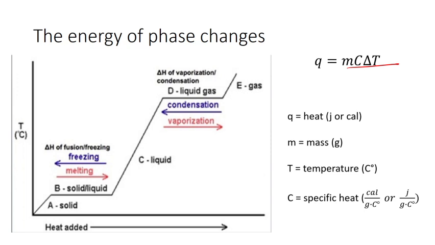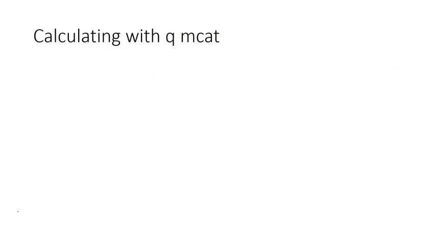We say temperature is in Celsius, but it doesn't matter in this case because your delta T will never be negative. Delta means change in, so we're looking at the change in the temperature, not the specific temperature.